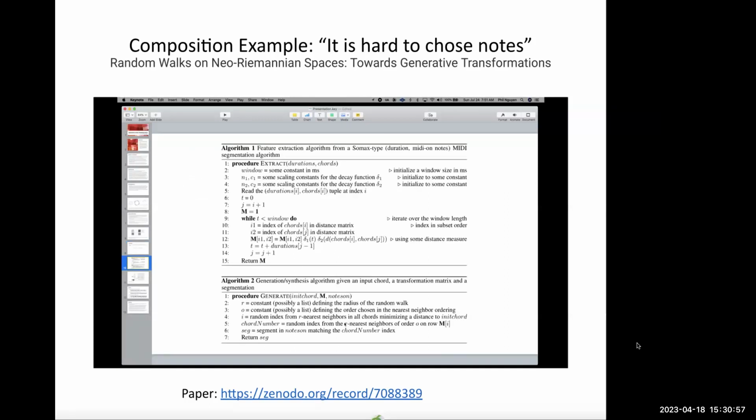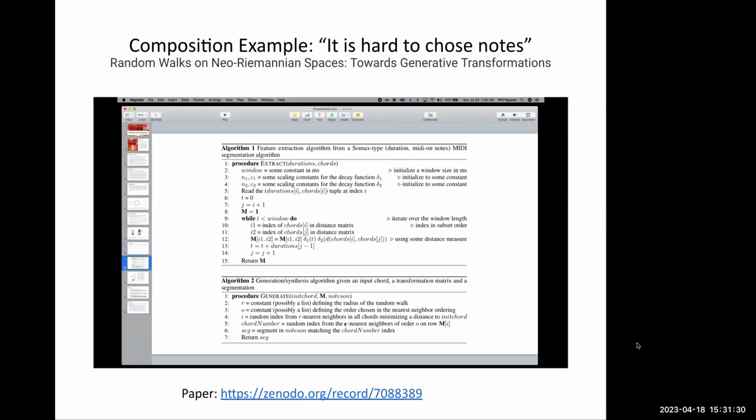In algorithm 1, we generate the distance matrix, the transformation matrix. On line 12 of algorithm 1, you see that there are two delta functions, so two decay functions. One is for time: when the chords are further away in time, the decay function increases, and the shorter the time, the smaller the decay function.